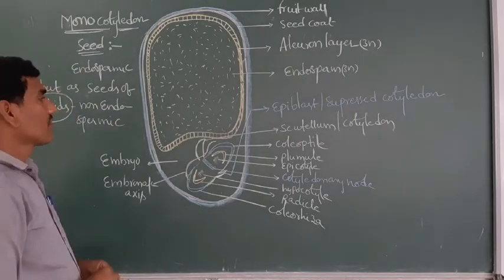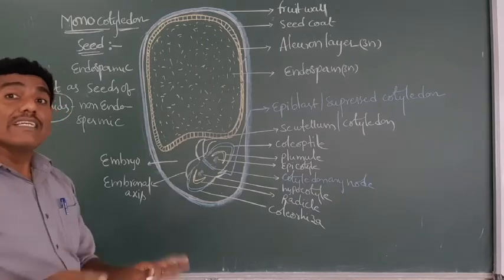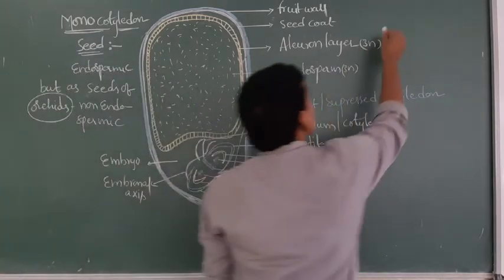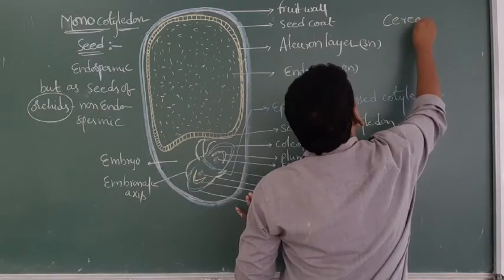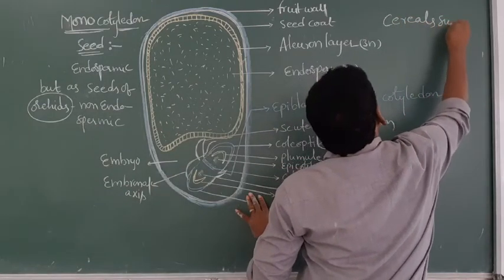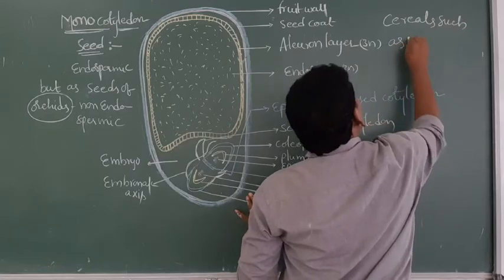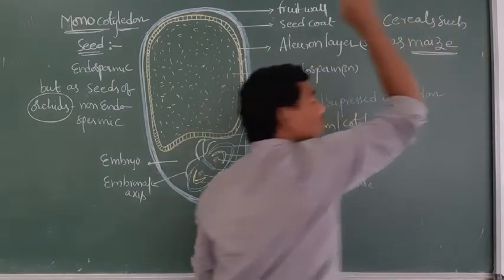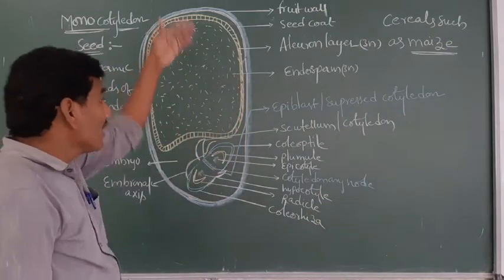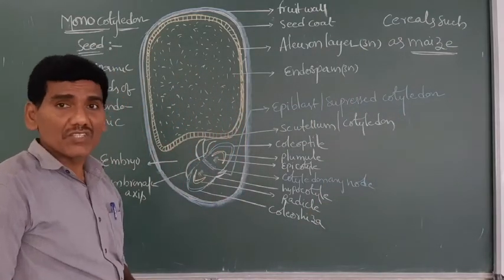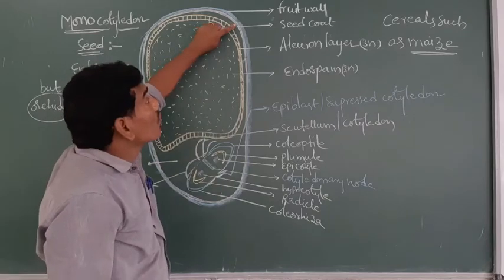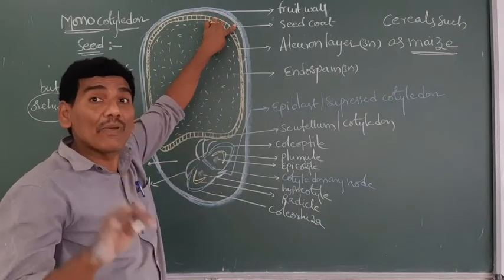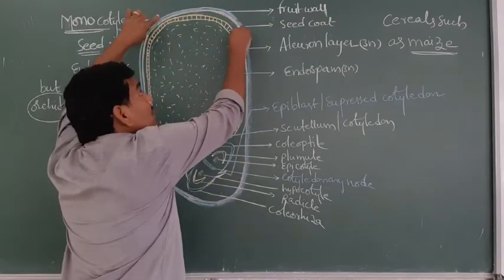Next, first of all, here in the seeds of cereals, such as maize. This is one maize seed. The seed coat is membranous. This is the seed coat.